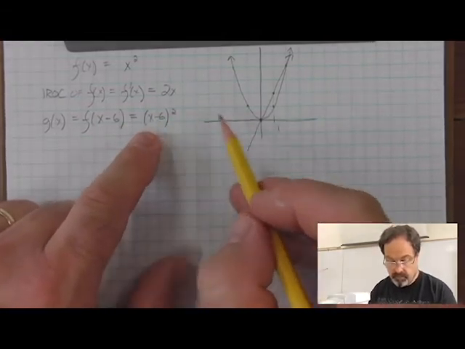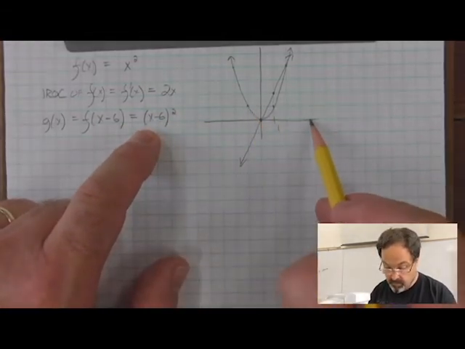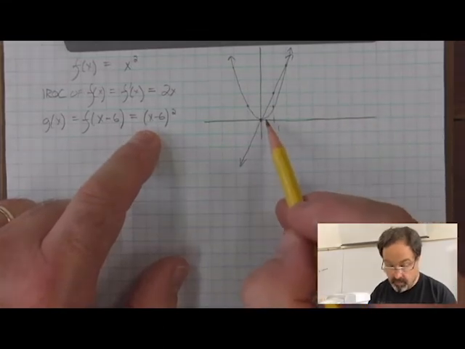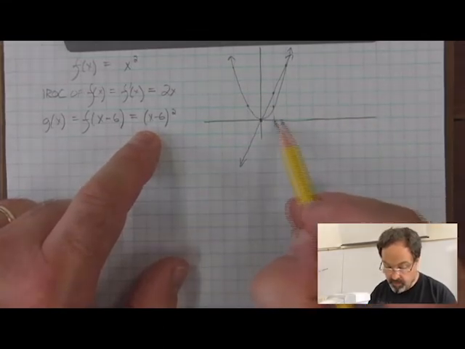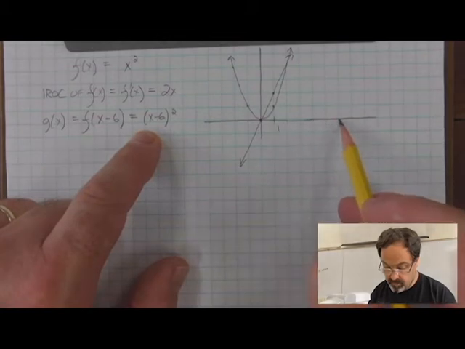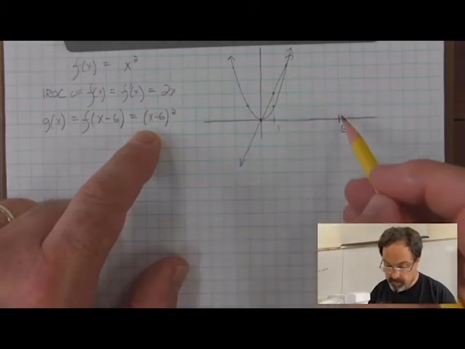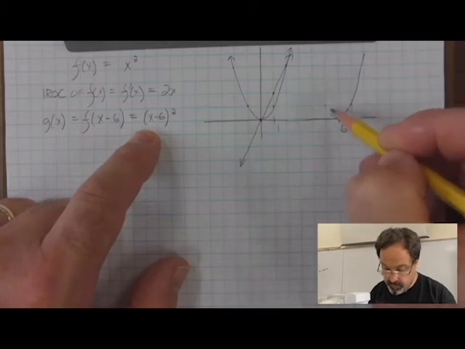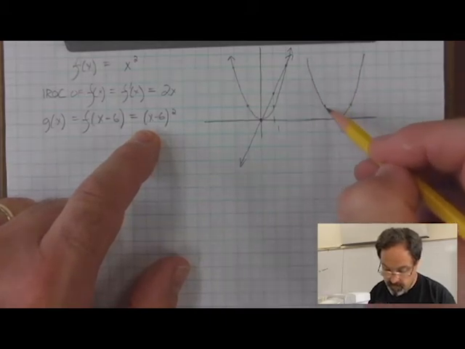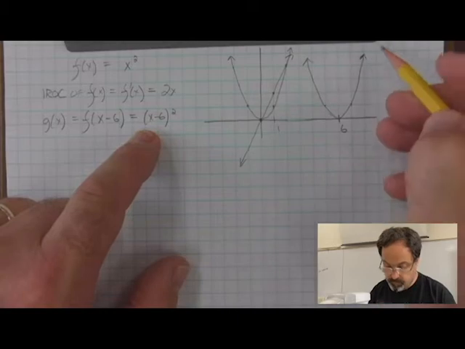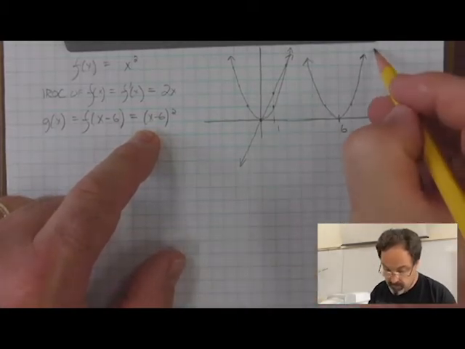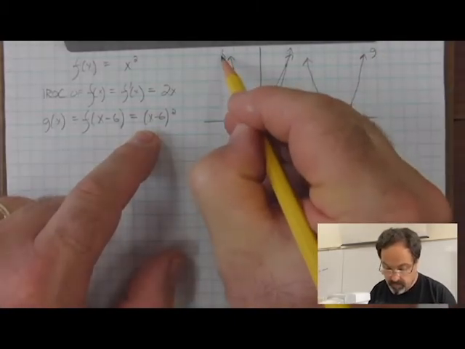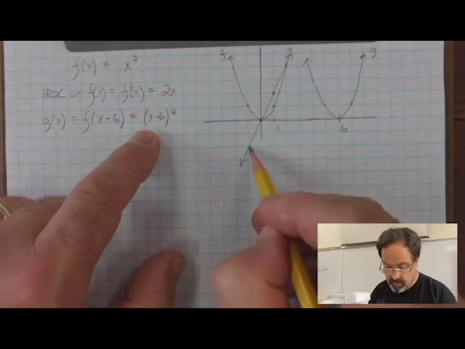This new function, the transformation of f, I could graph. It's still going to be a parabola, but the vertex has moved over 6. That's the transformation that was made to f to get g. This is the g function, this is f, and this, the slope function of f, we could call f prime.